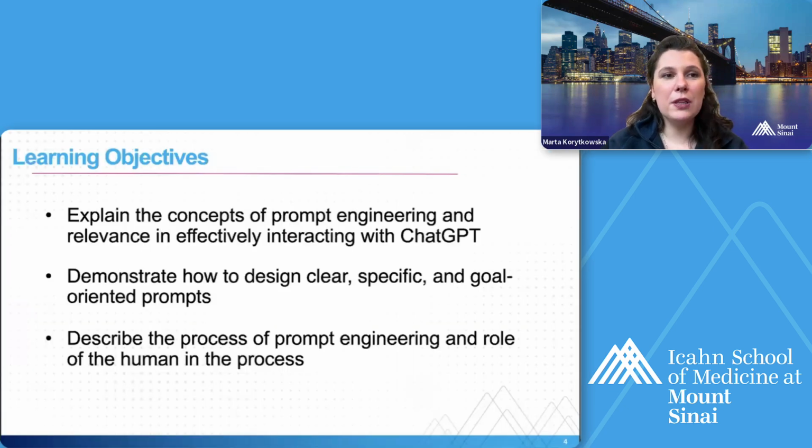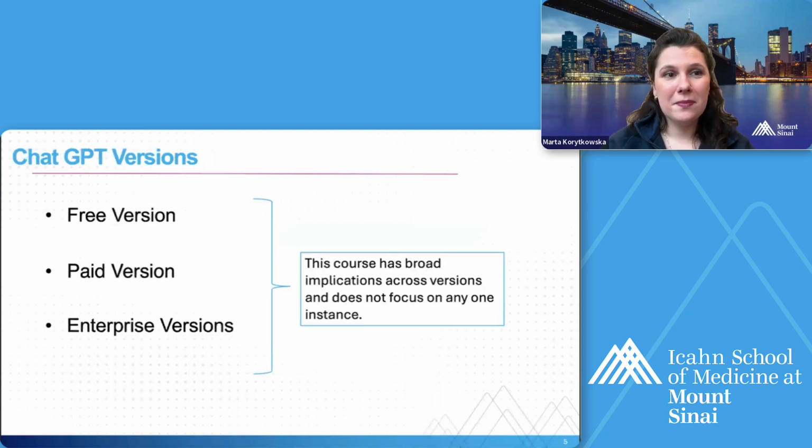We're going to touch on 3 learning objectives in today's workshop. 1, explain the concepts of prompt engineering and relevance in effectively interacting with ChatGPT. Next, demonstrate how to design clear, specific, and goal-oriented prompts. And finally, describe the process of prompt engineering and the role of the human in the process.